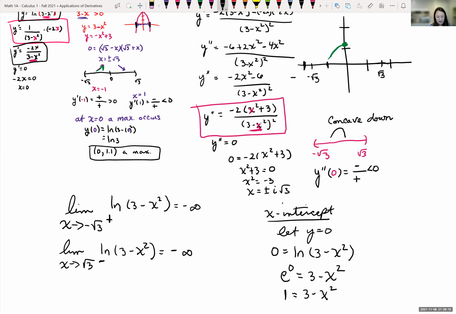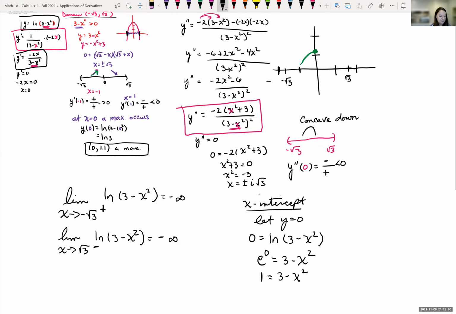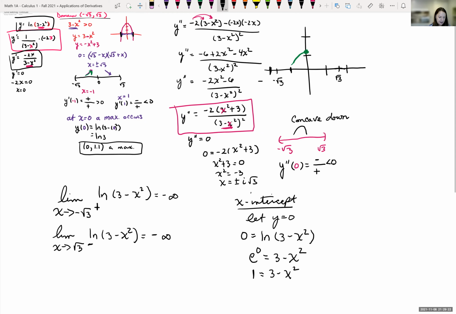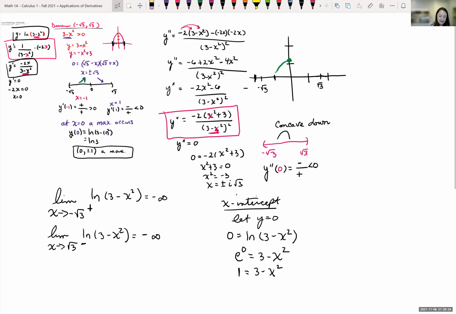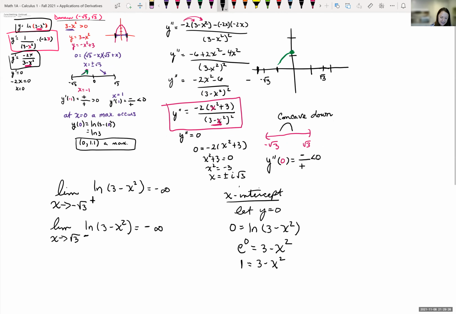I can either use my square root method to solve, or I can set this equal to 0 and try to factor it. If I subtract 3 on both sides, I get negative x squared equals negative 2. Divide by negative 1, I get x squared equals 2. So x equals plus or minus square root 2.